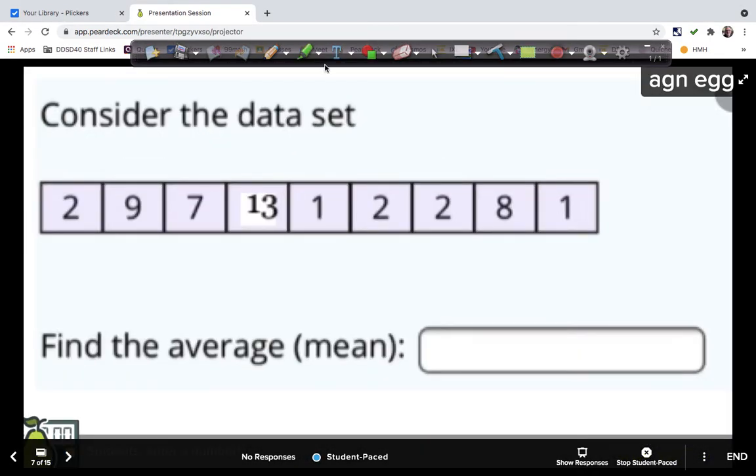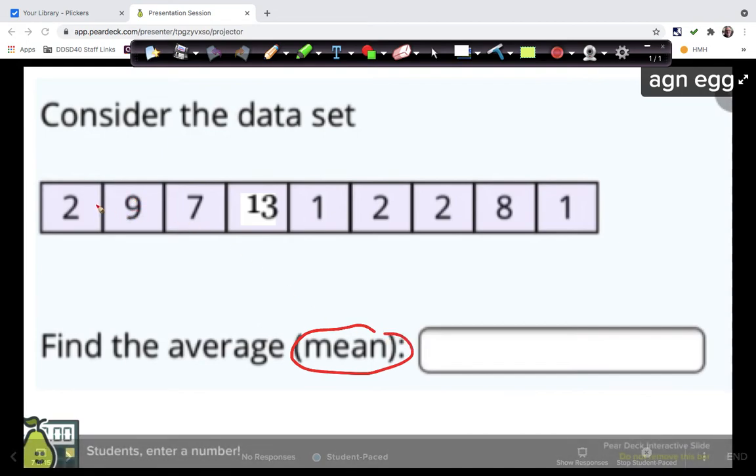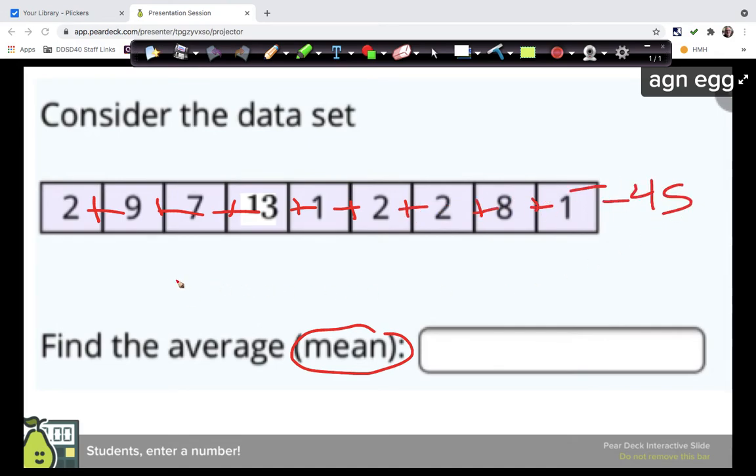This one, you also find the mean, the average or the mean. And when we add these all up, it equals 45. And that's 45 divided by 9. So the mean on this one was 5. So that's what you have to enter on that one.